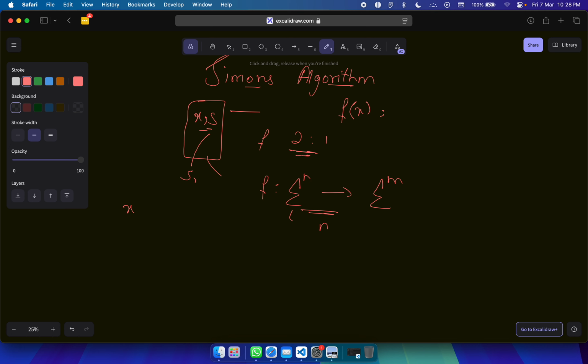So let's say x is 0 0, so these can be read as 0 1 2 3 in integers, right? And in binary it's 0 0, 0 1, 1 0, 1 1, right? And then f of x would be, let's say, 0 0. Let's not make it 0 0, let's make it one of the 4 possible states, right? It has to be one of the 4 possible states.